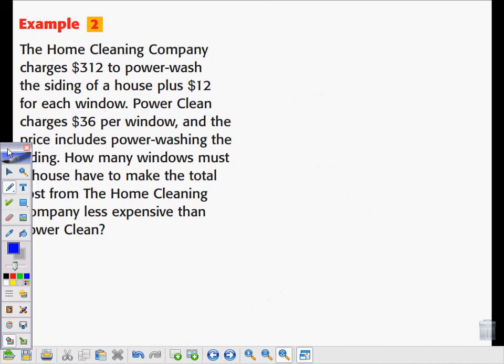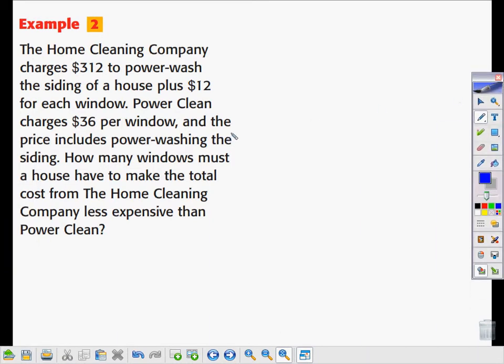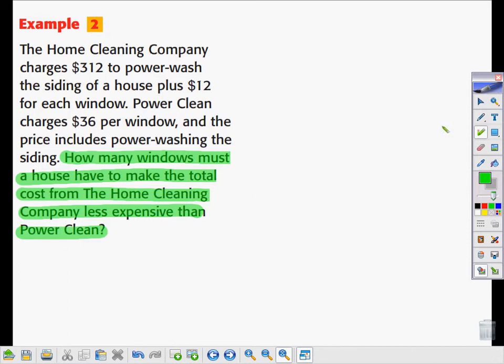Okay, let's take a look at a word problem with this. Now, as my tip to everyone out there in math land, when you're looking at a math word problem, begin by reading the last sentence to gain context. It's almost always going to be your question. So how many windows must a house have to make the total cost of the home cleaning company less expensive than Power Clean?